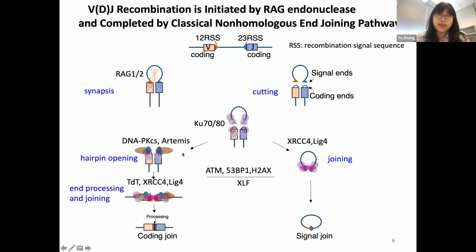For the coding ends, the hairpins first have to be opened or processed by DNA-PKcs and Artemis, and then they can be further diversified by TdT adding random nucleotides before the ligation. And of course, there are other DNA repair proteins that cooperate in this process to complete the recombination.